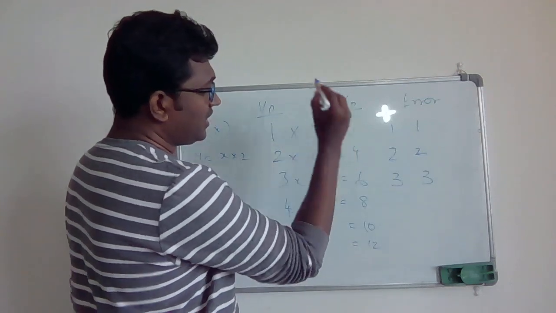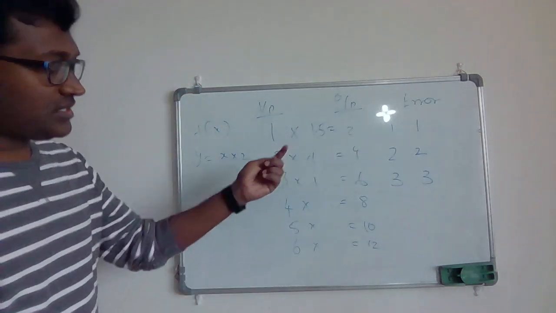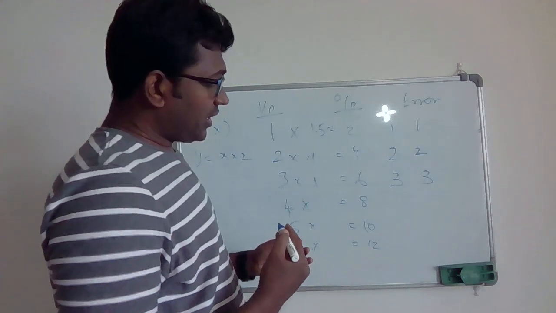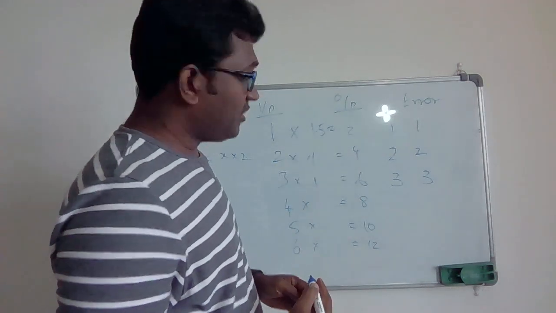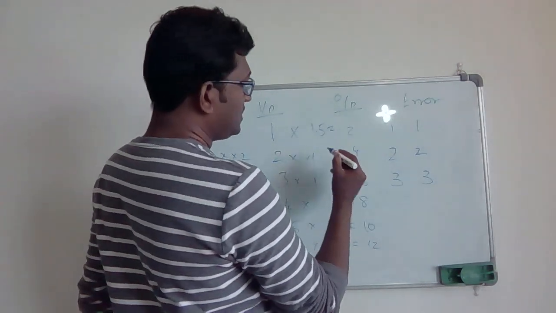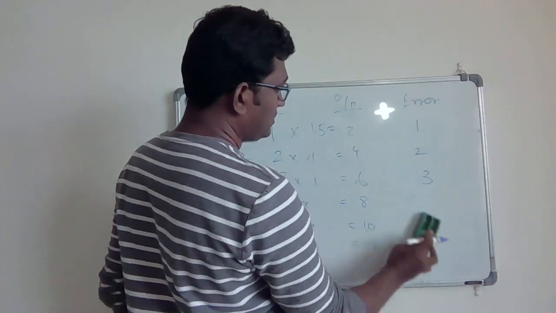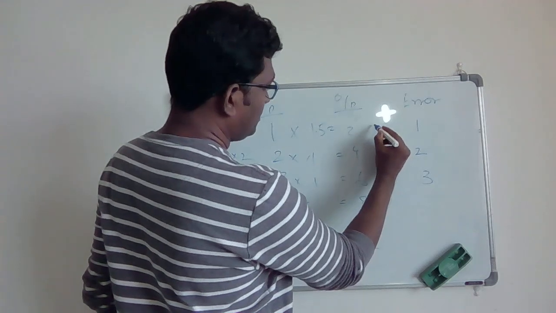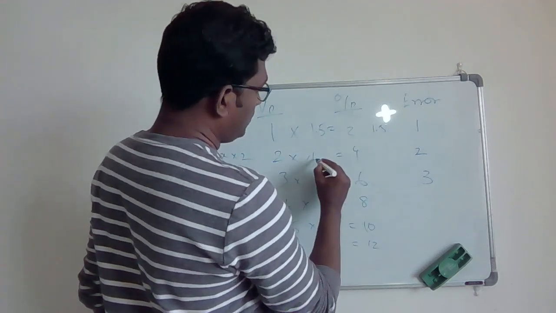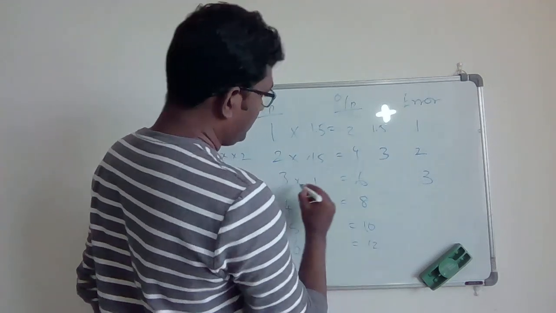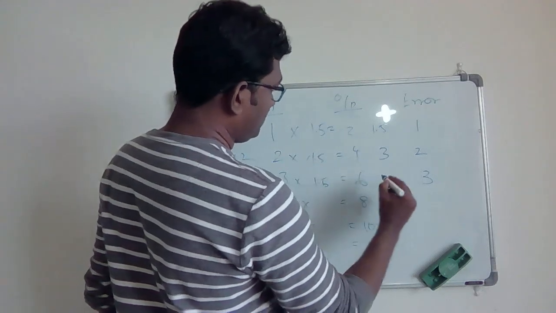Let's say we make the next guess 1.5 instead of 1. 1 into 1.5 becomes 1.5, 2 into 1.5 becomes 3, 3 into 1.5 becomes 4.5.